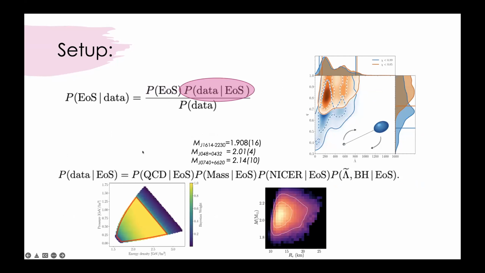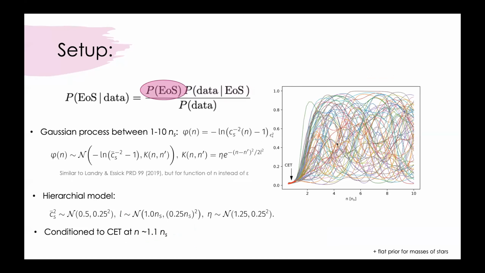But the new point is to then also add a likelihood function that comes from the PQCD and tests whether or not the equation of state extrapolation that we have created can be connected to the PQCD using the construction before. So basically asking, are we inside this diamond-shaped region here?